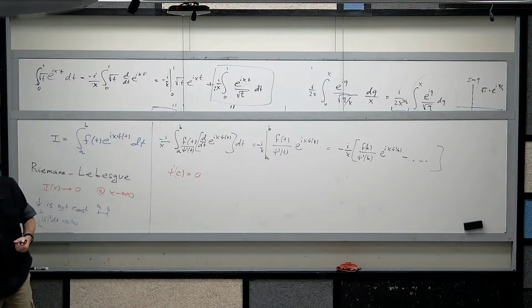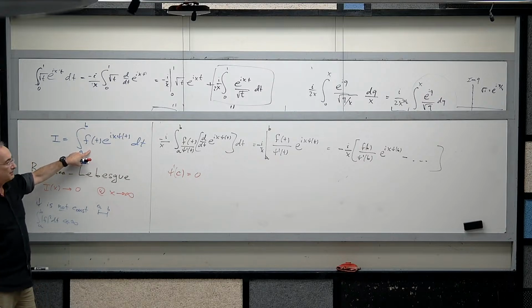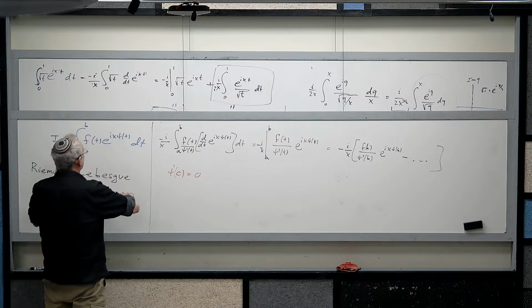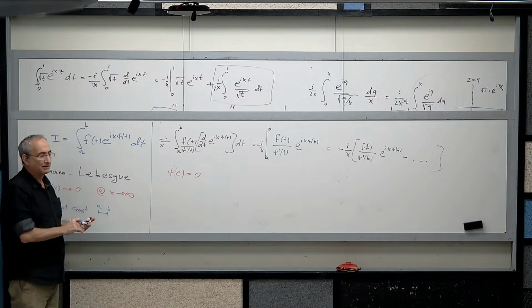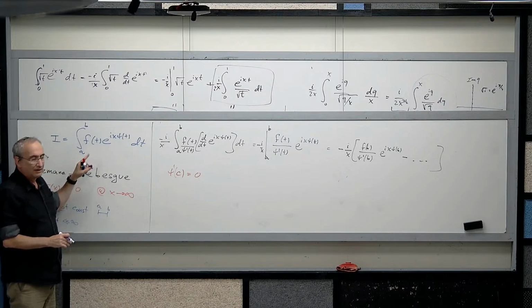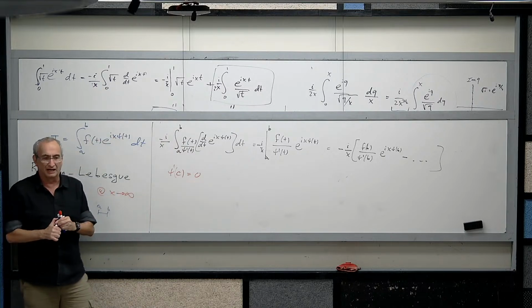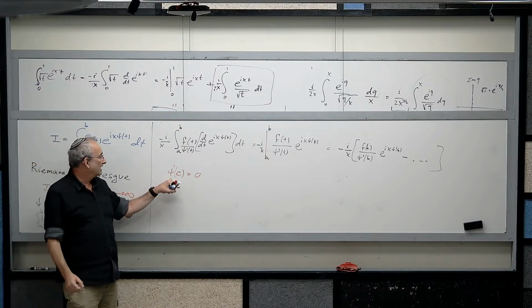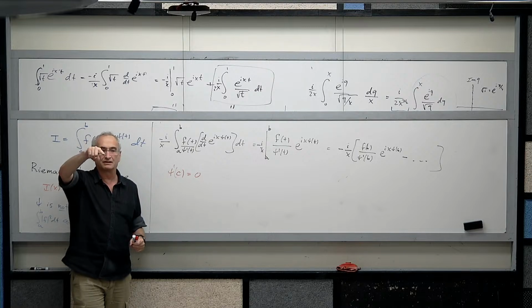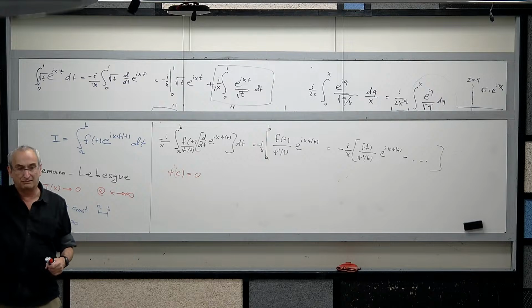Now, you know why the Riemann-Lebesgue theorem works. It works because, as x goes to infinity, the oscillations kill the integral. So when psi prime is 0, the oscillations are less pronounced, for any finite x. When psi prime is 0, no matter if it's a maximum or a minimum, unlike the Laplace integrals, we don't care about maximum or minimum.